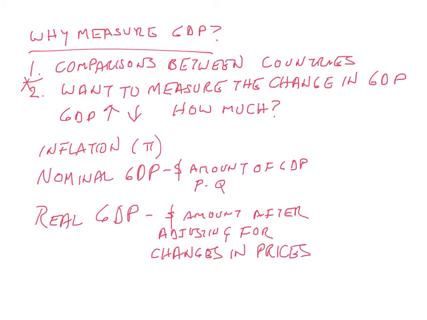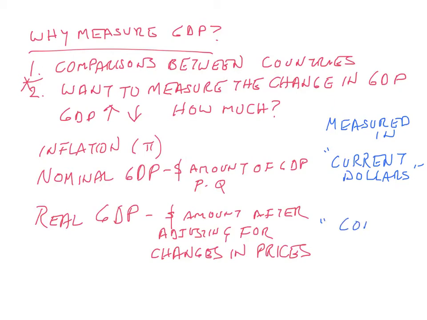Nominal GDP is measured in what's called current dollars. Put that in quotes. This is what it's measured in. And real GDP is measured in what's called constant dollars.